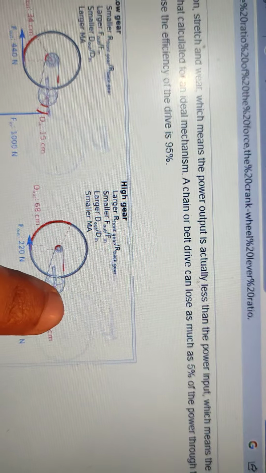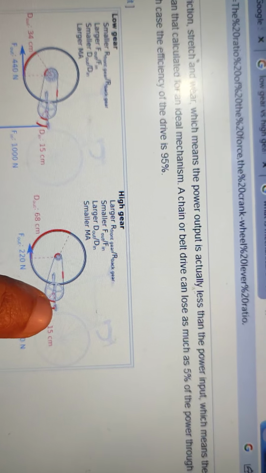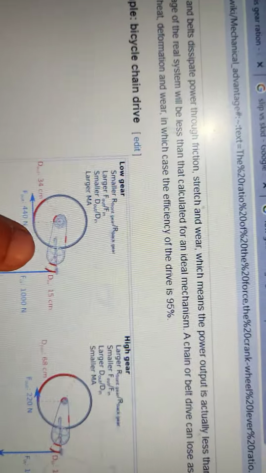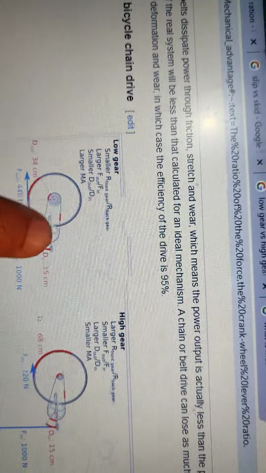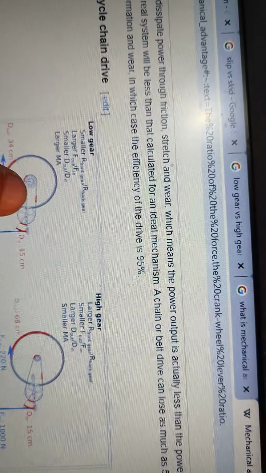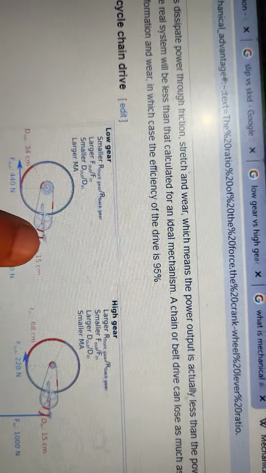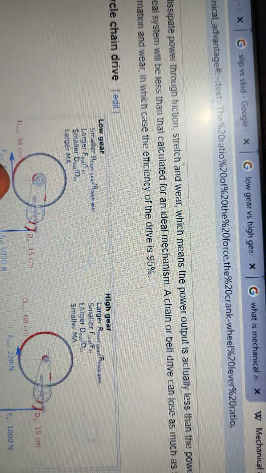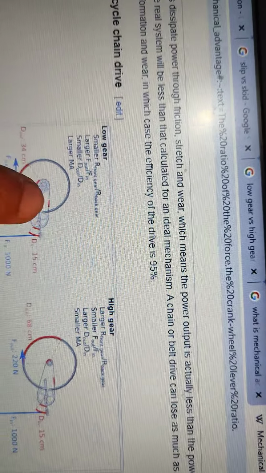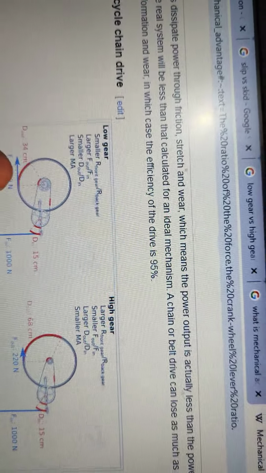And comparatively very little angular displacement for the front sprocket. However, in this case, the difference in the radius is not as huge. So for the same displacement, you have comparatively lesser angular displacement for the rear wheel or the rear sprocket.